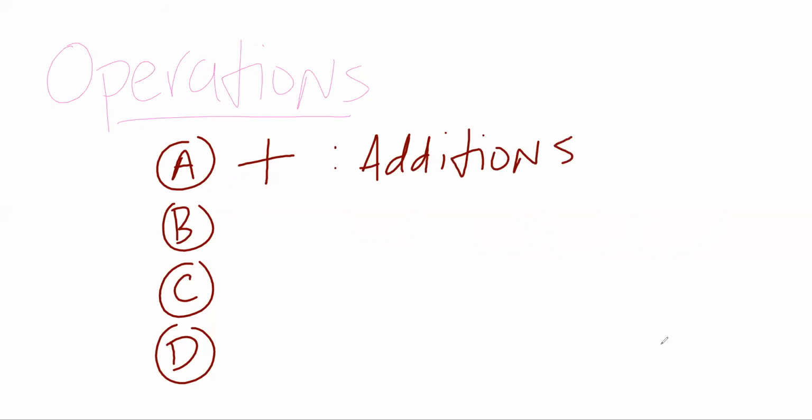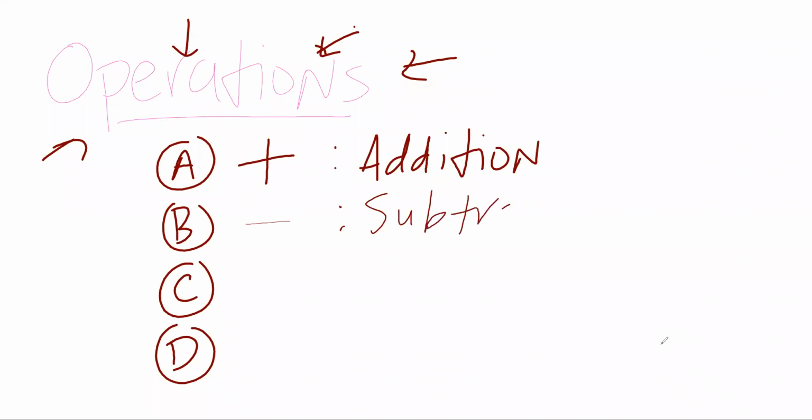So now that I've said that, I wonder if some of you are already thinking, oh wait, I do know what these operations are. Addition, right? It's just a thing. Okay. And then we have subtraction.